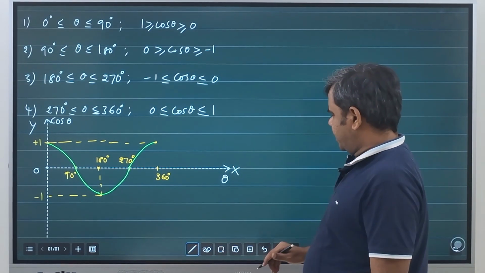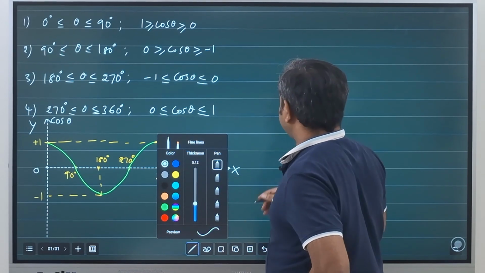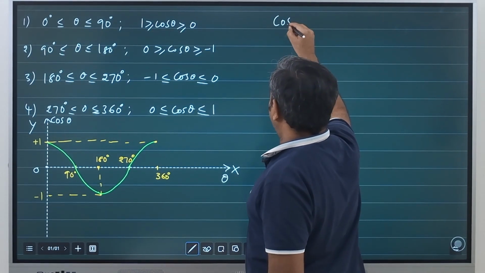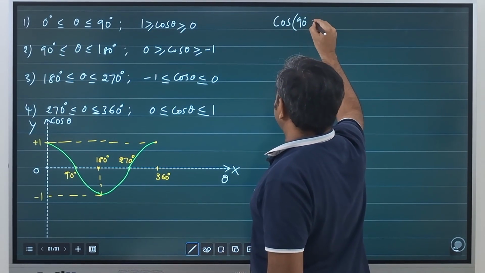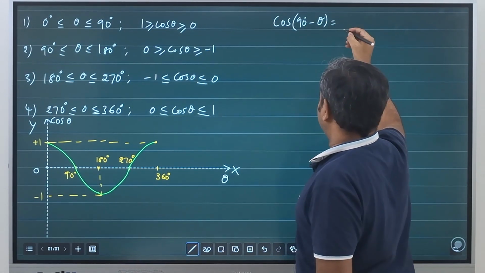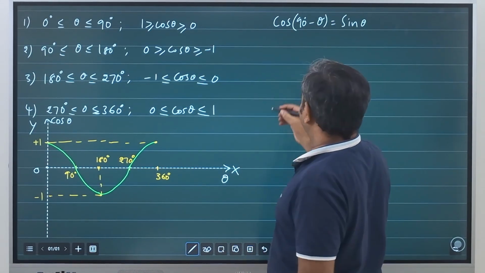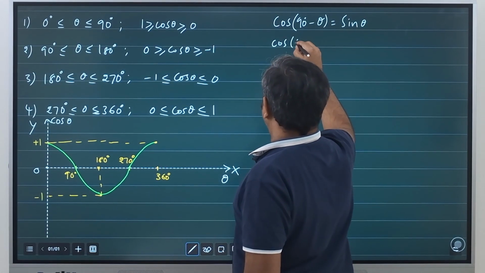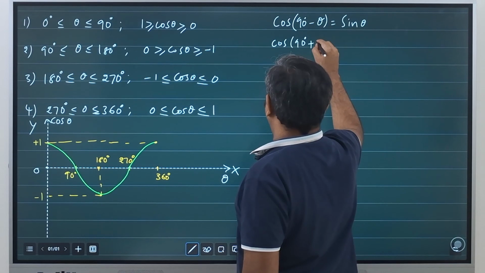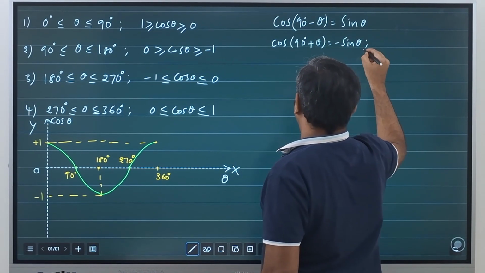Let's also write those identities here. We have cos of 90 degrees minus theta is equal to sine theta. Cos of 90 degrees plus theta is equal to minus sine theta.